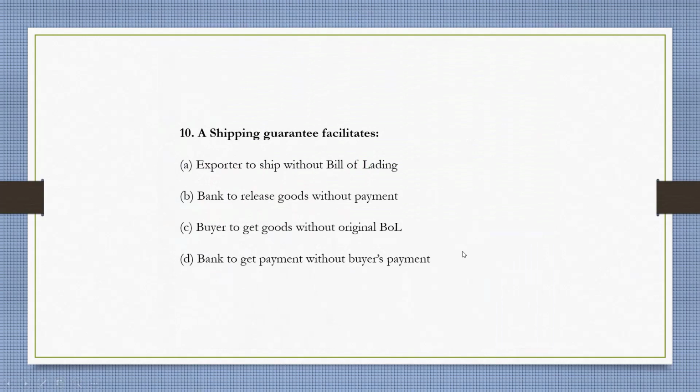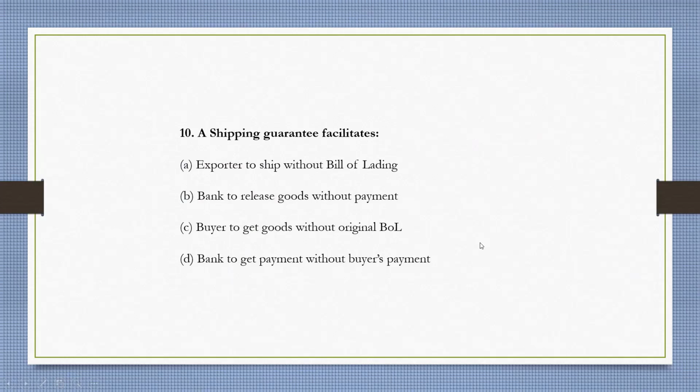Let's see next question, question number 10. A shipping guarantee facilitates: A, exporter to ship without bill of lading; B, bank to release goods without payment; C, buyer to get goods without original bill of lading; D, bank to get payment without buyer's payment.